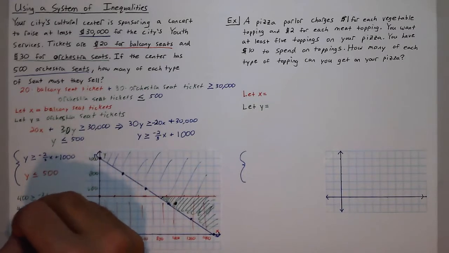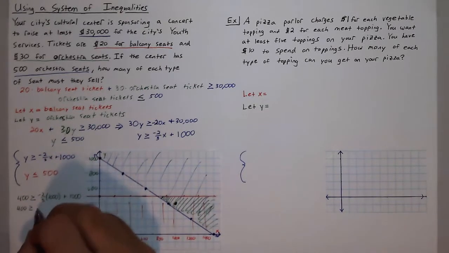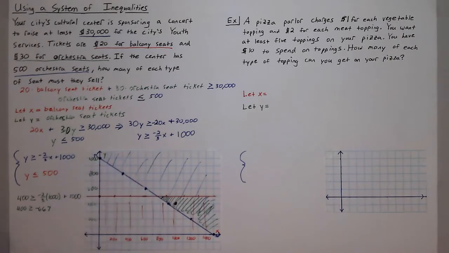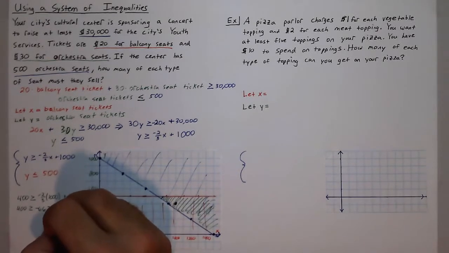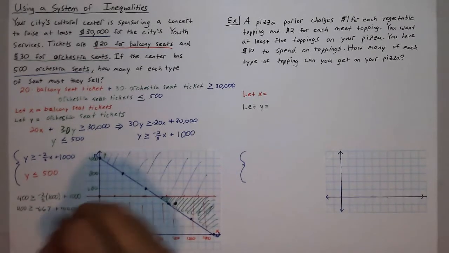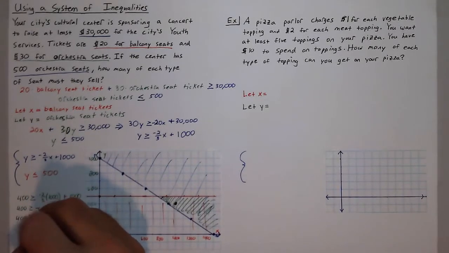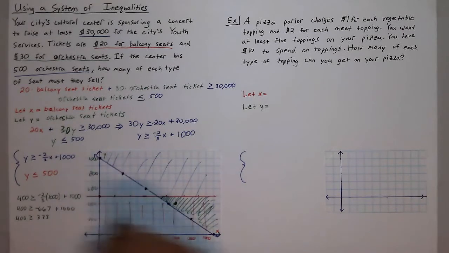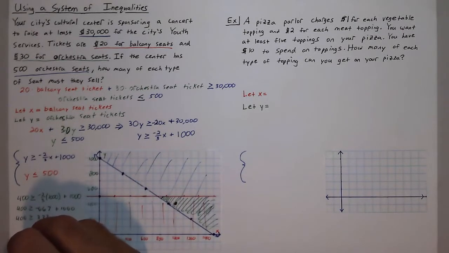Excuse me, 400 is greater than or equal to negative 667 if I round to the nearest whole number, plus 1,000, which gives me 400 is greater than or equal to 333, which is correct. And if I check the y value, it is for sure less than 500.